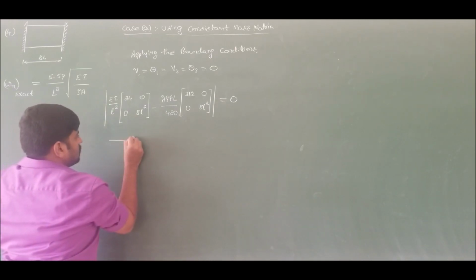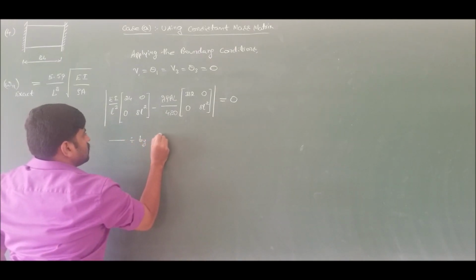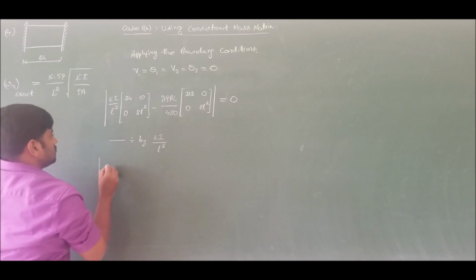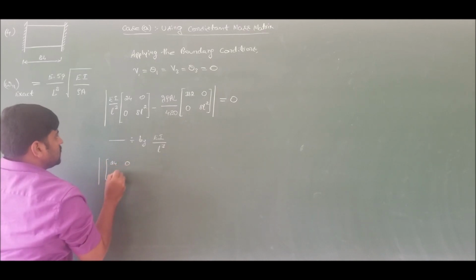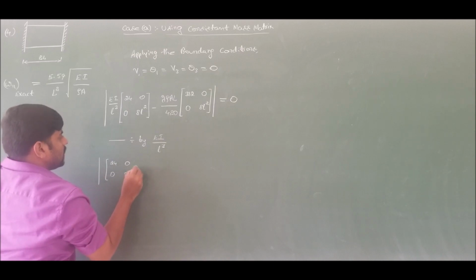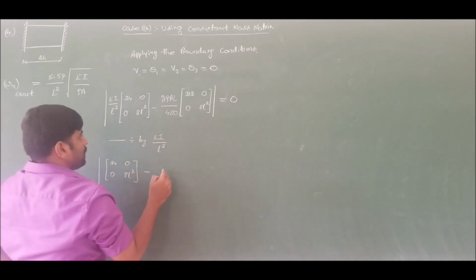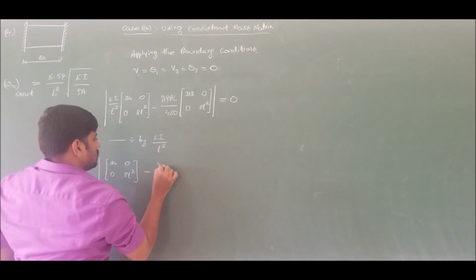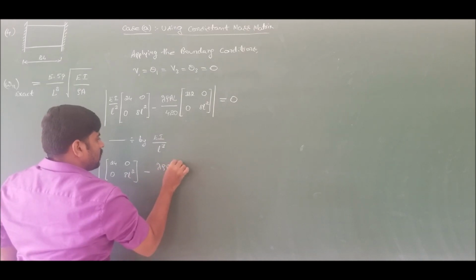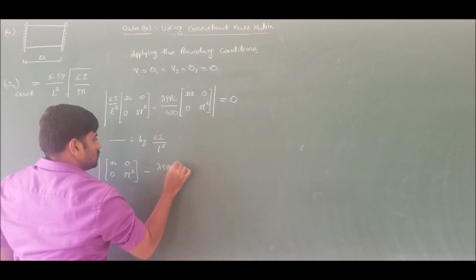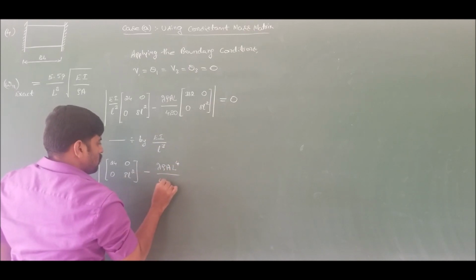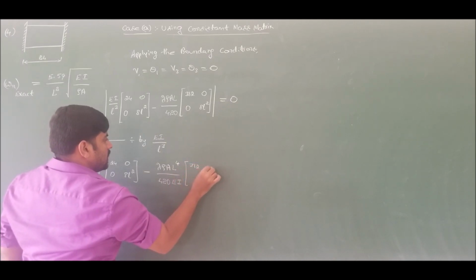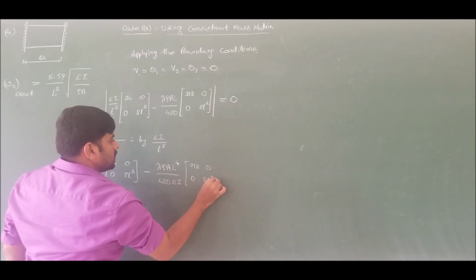If I do that, throughout divide by EI by L cube, I will get the expression as determinant of 24, 0, 0, 8L square minus lambda rho A L to the power of 4 divided by 420 EI into 312, 0, 0, 8L square.